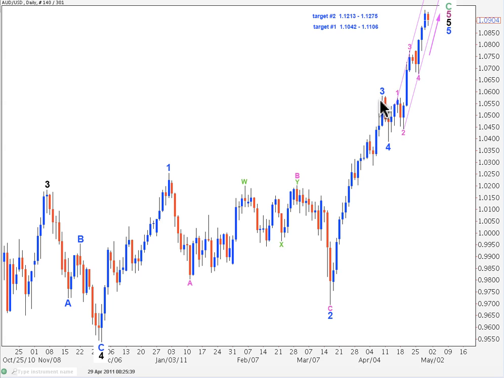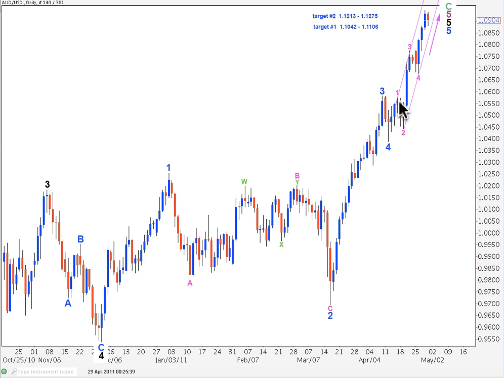Wave 3 blue has no ratio to wave 1, so it's increasingly likely then that wave 5 will exhibit a ratio to either 3 or 1. At 1.1106 it will reach equality with 1, and at 1.1275 it will reach equality with 3.